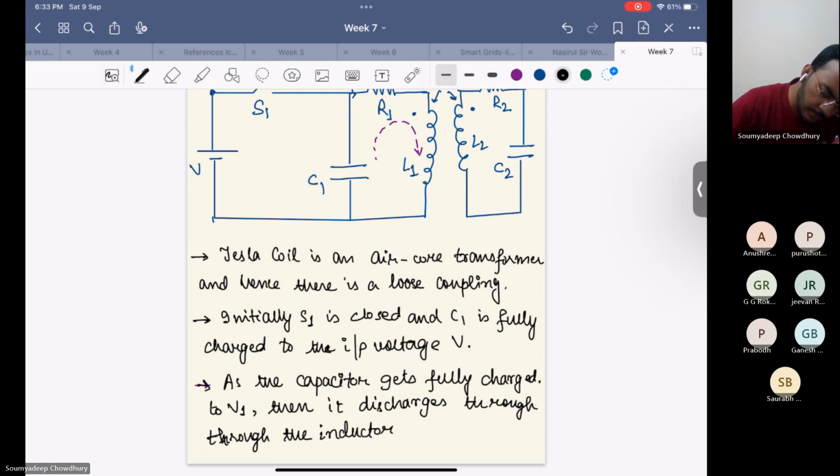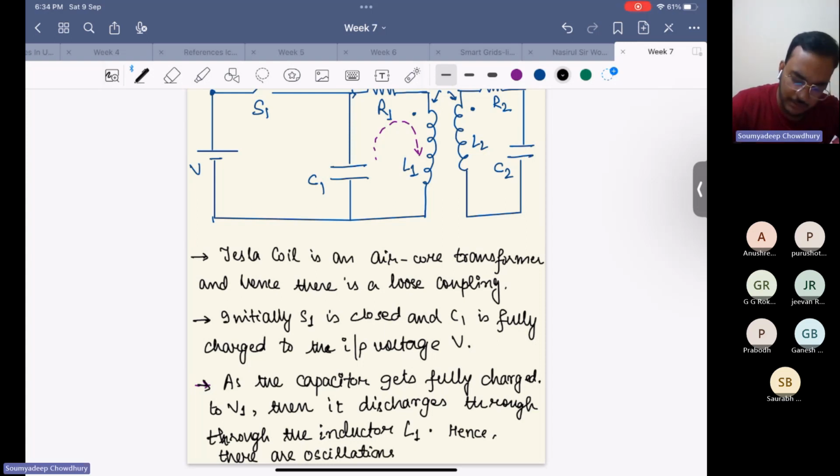Once it starts discharging, there will be oscillations. Just ignore R1 for the moment. Then this is an LC circuit, so the inherent oscillations will start, and hence there are oscillations.